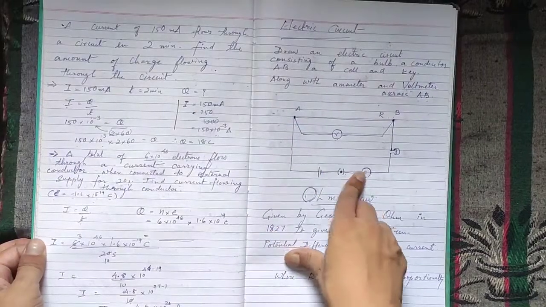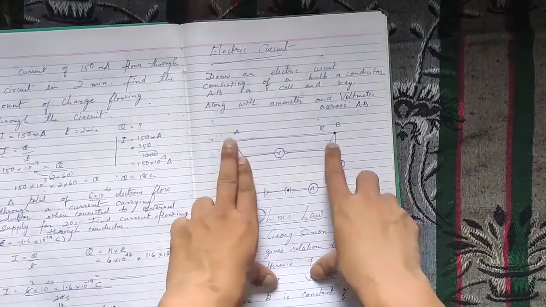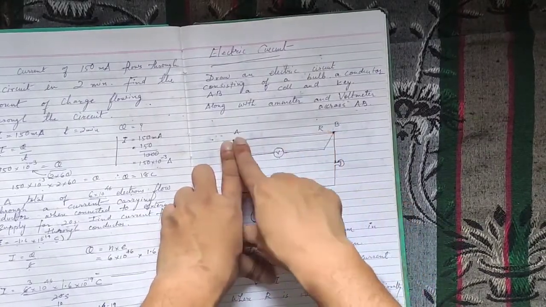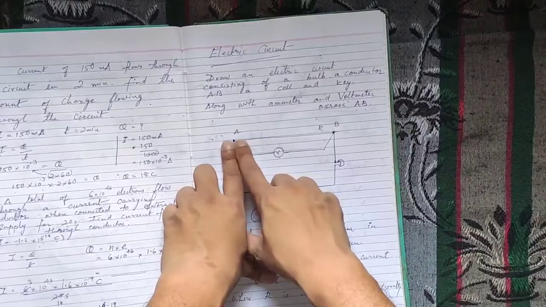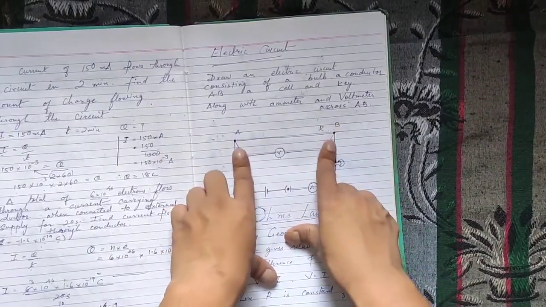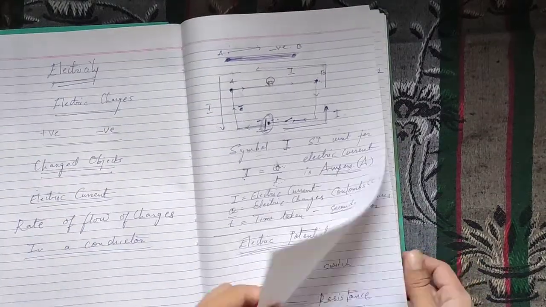If you are measuring potential difference, then it requires on which 2 points you are measuring it. For example, in this case you want to flow the current from A to B, so you have to measure the potential difference between these 2 points. So the voltmeter is always connected in parallel.